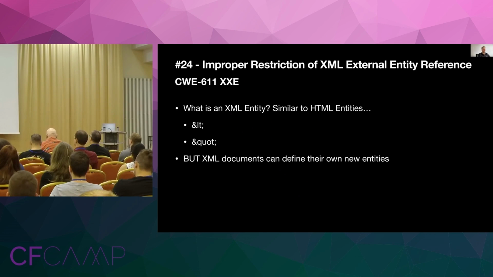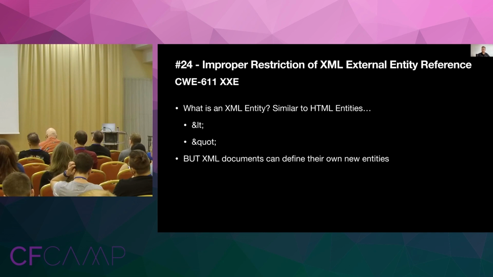All right, down to number 24, improper restriction of XML external entity references. These are also called XXE for short. So what is an XML entity? Similar to an HTML entity, where you have a less than symbol that you want to encode in an HTML page, you have to encode it as ampersand LT semicolon.